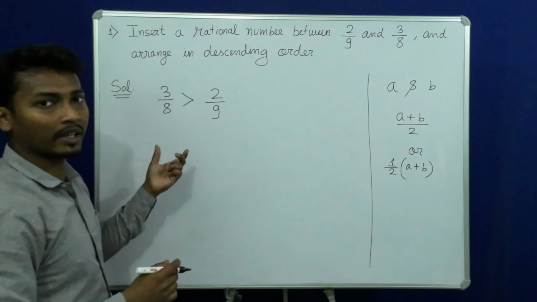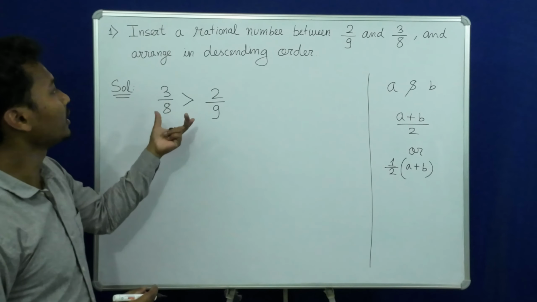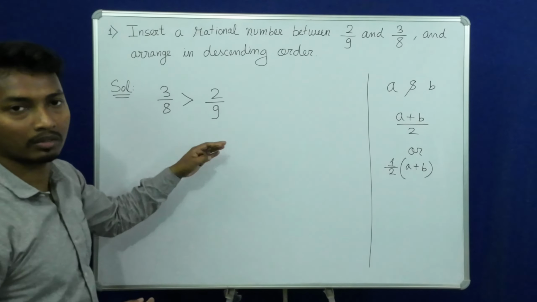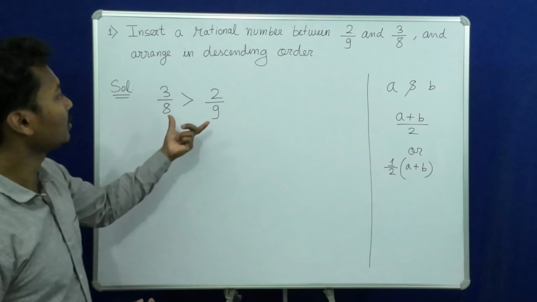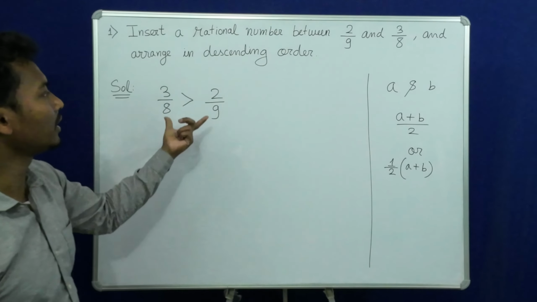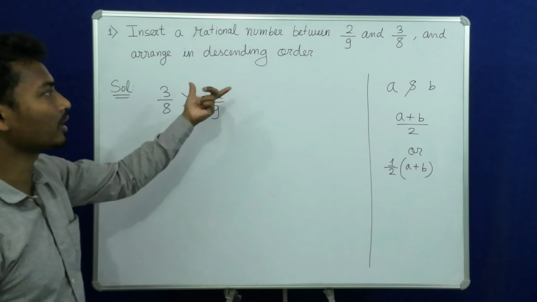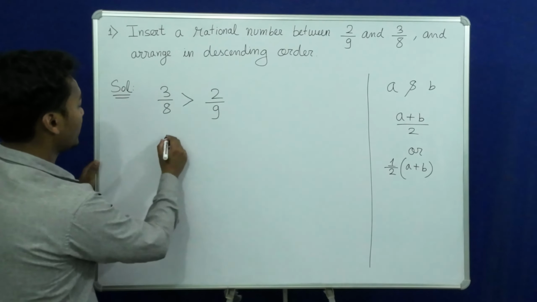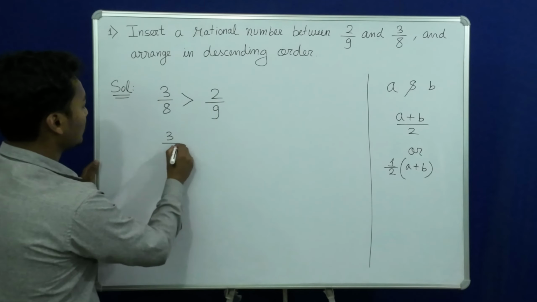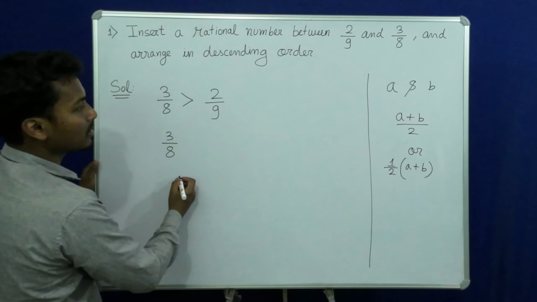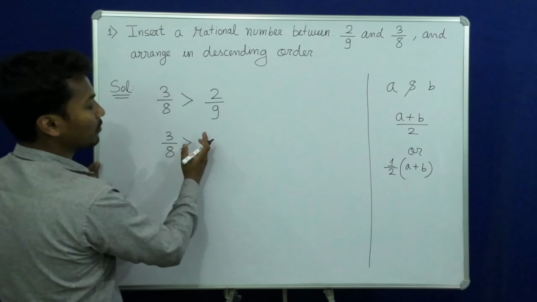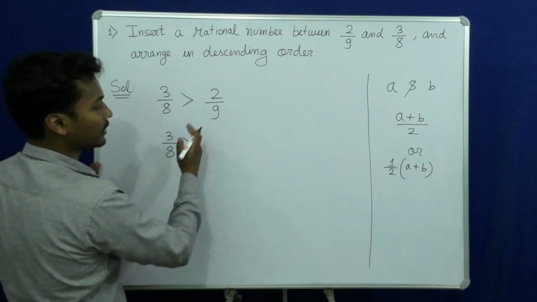Now it is not necessary to express it in the descending order in the very beginning. At the end, after finding the rational number, you can express it. But let's begin with the descending order itself so that we don't have to do anything else after this. So to insert a rational number, we can apply this method. 3 by 8 is greater than, so a rational number between them will be smaller than this but greater than this.